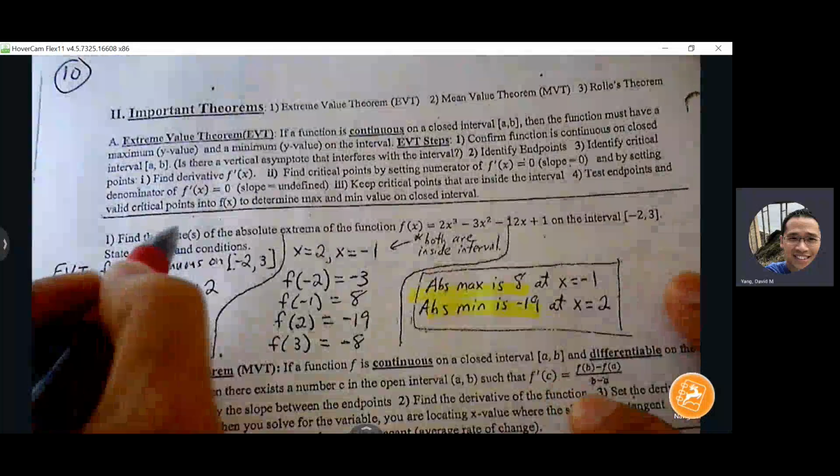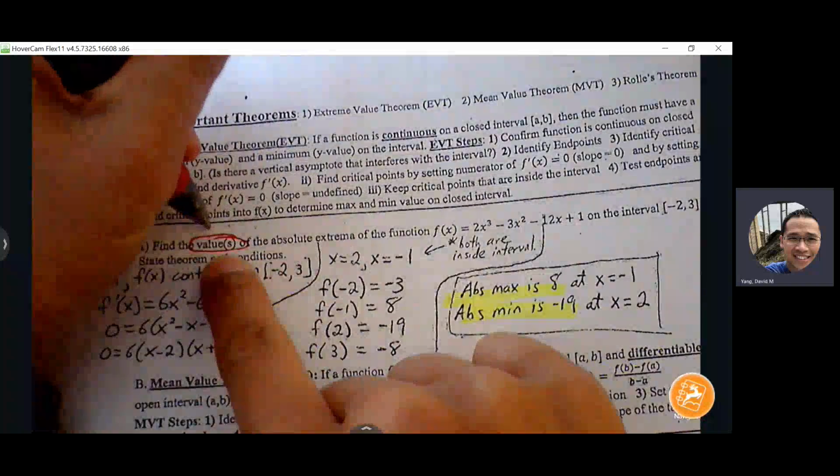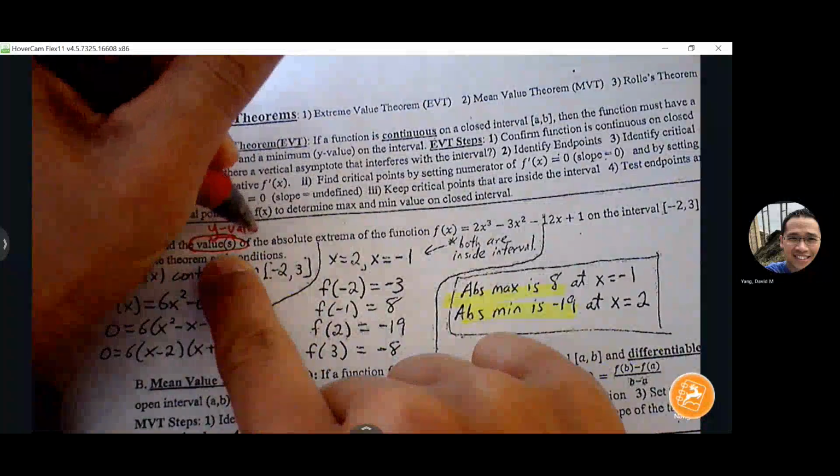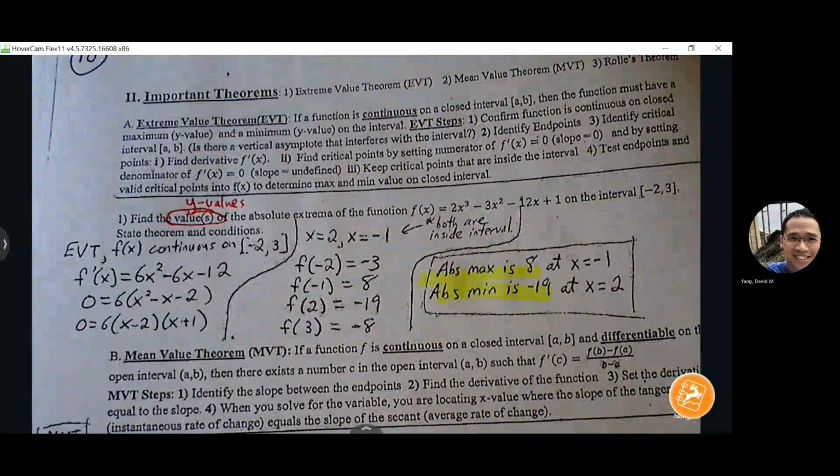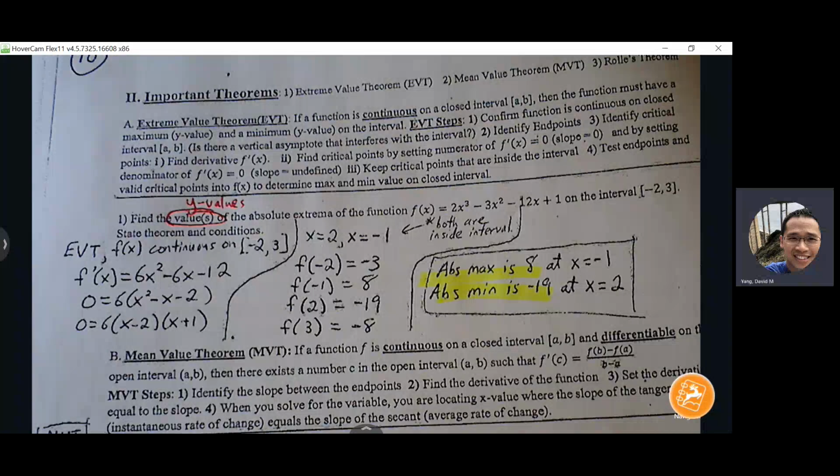So when you see the word value, I know it seems vague, but this is talking about y values. Okay, good with extreme value theorem.